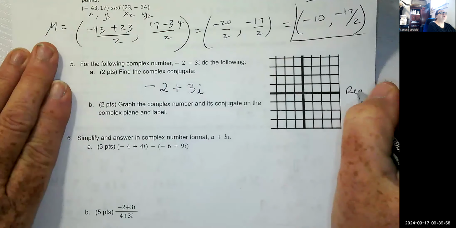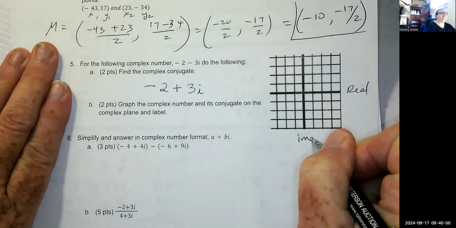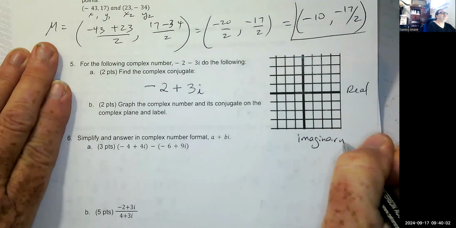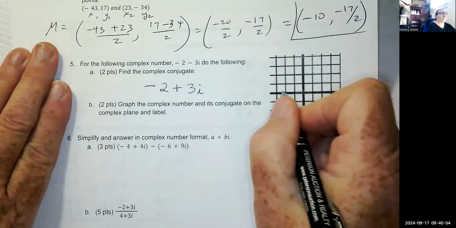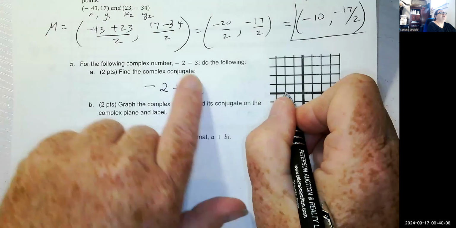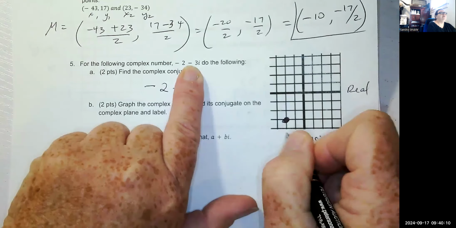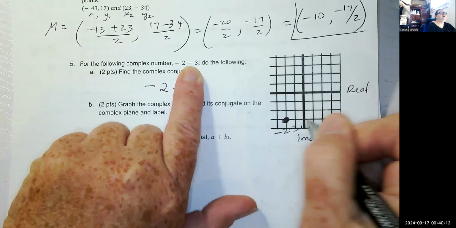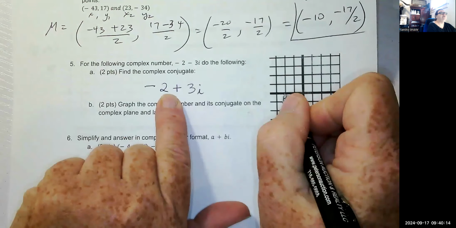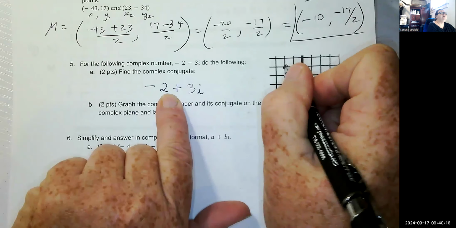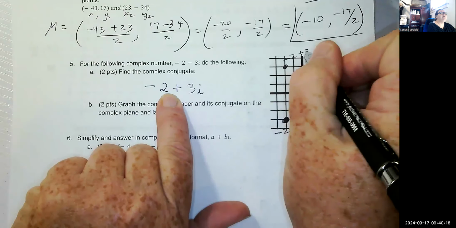We've got real and imaginary. So the real is -2, 1, 2, and imaginary is -3, 1, 2, 3. Place my point. And that is -2 minus 3i. The other one, it's -2, and then 1, 2, 3. And that's -2 plus 3i.